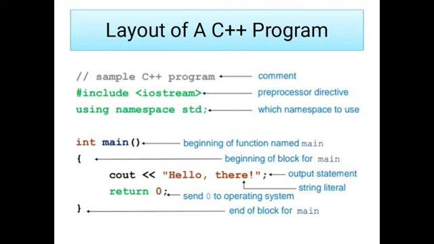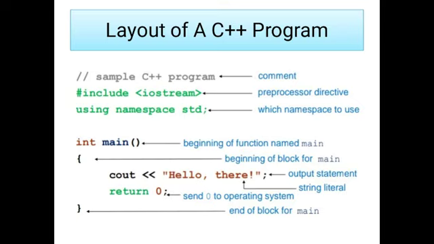So here is the layout of a C++ program. The first thing shown in this is a comment, because it starts with a double slash. It has no effect on the output, but it is used to tell other programmers, or sometimes it is for the ease of yourself in programming. Then comes the preprocessor directive.